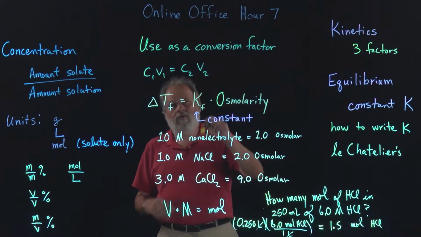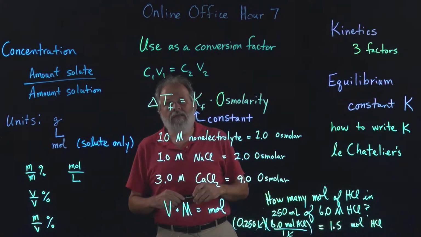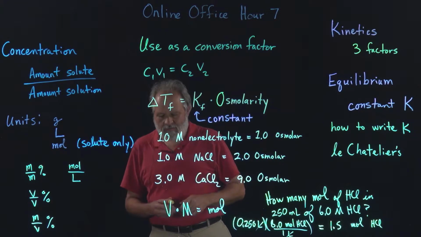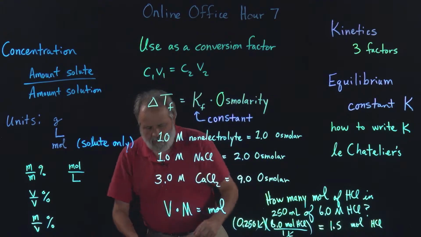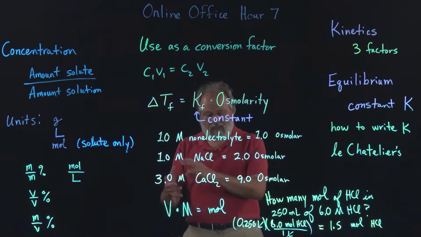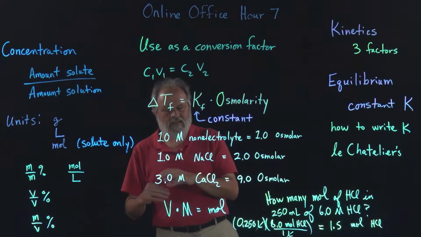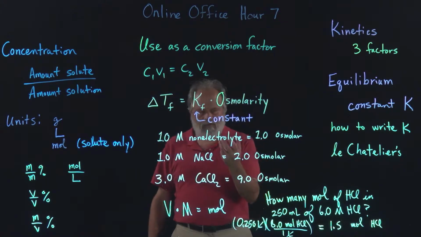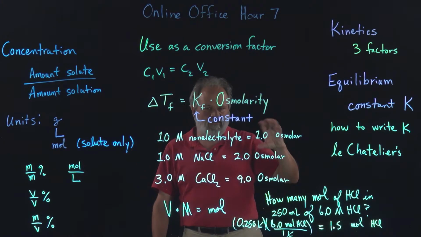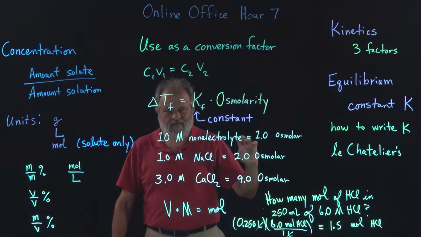Now, in order to do a dilution, you can use this particular relationship here. It's based on the fact that when you add water to something, the number of moles of material is still there, still the same. So if you take a can of frozen orange juice, it's got so much sugar and so much orange pulp and stuff in there.